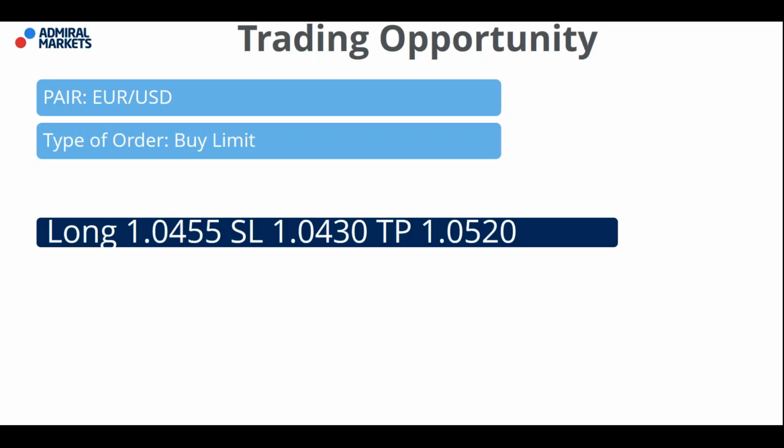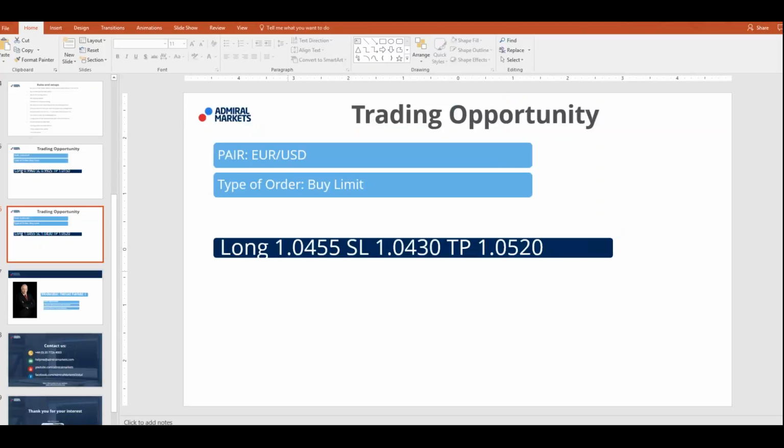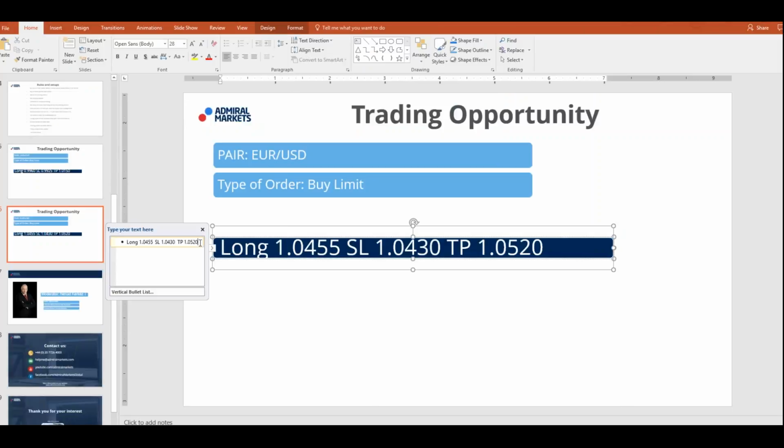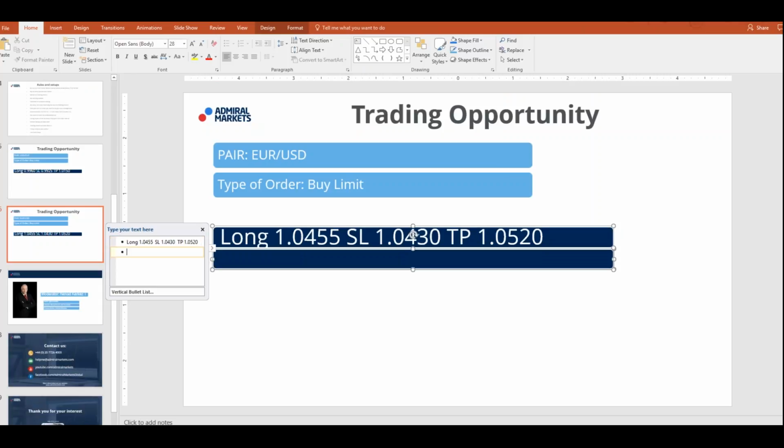Okay, here. So watch me if you miss this. Okay, so again, sell 1.0567. Stop loss is 1.0615. TP is 1.